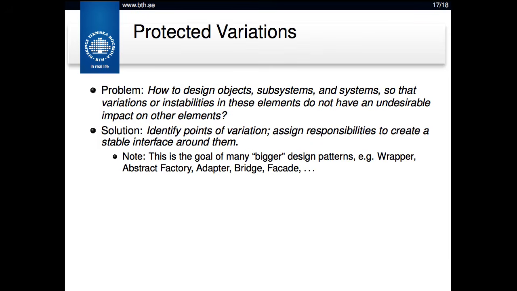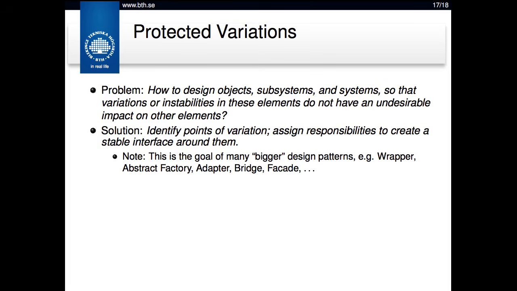Protected variations. Variability is an important thing in large software systems, and there are many different ways of dealing with it. This is just one way. The idea is that, depending on circumstances, you may have different pieces of code that should be executed.